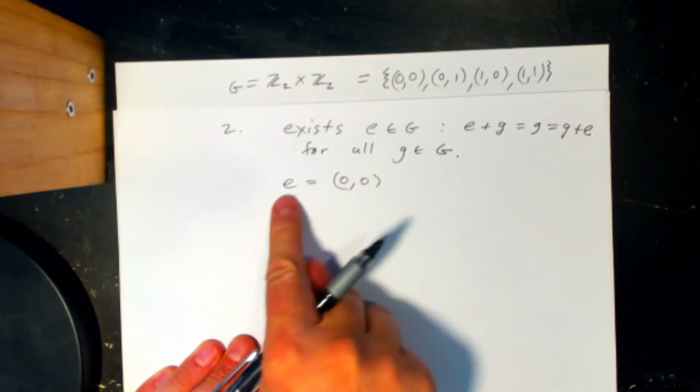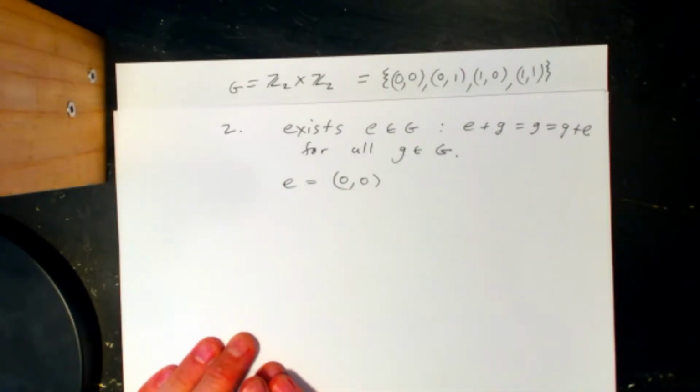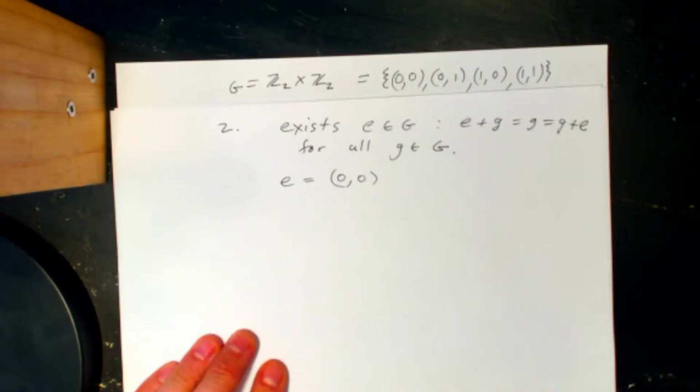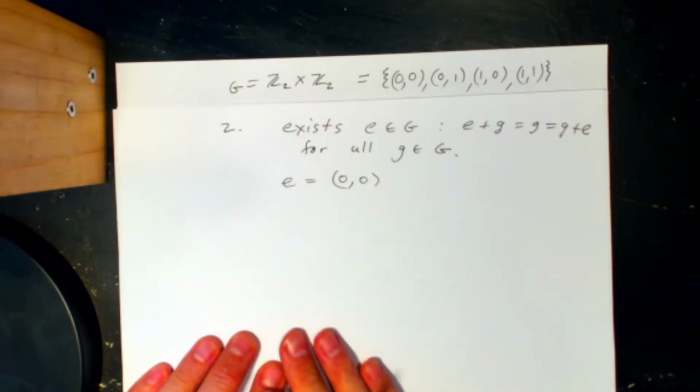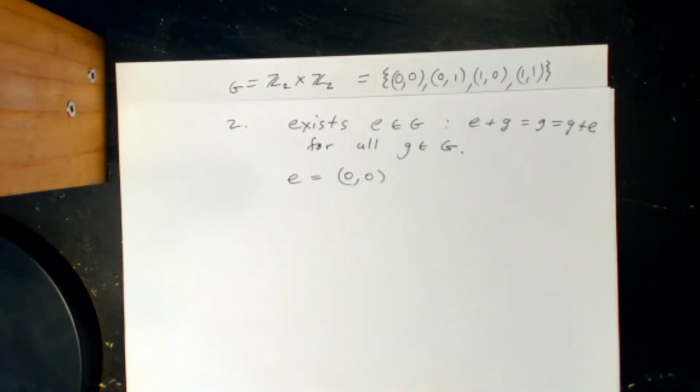You see I haven't written this as a pair. I could have. I would write it (E1, E2), which probably makes it easier to see, but it's more to write.